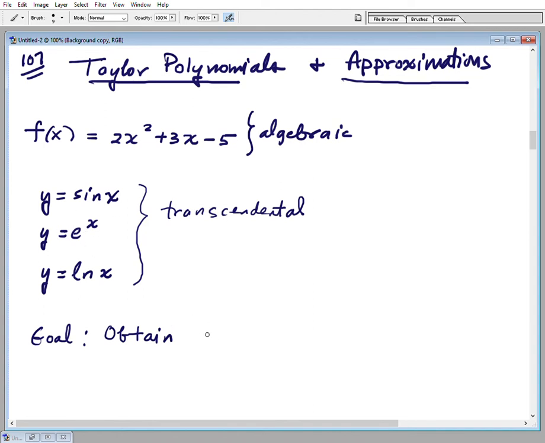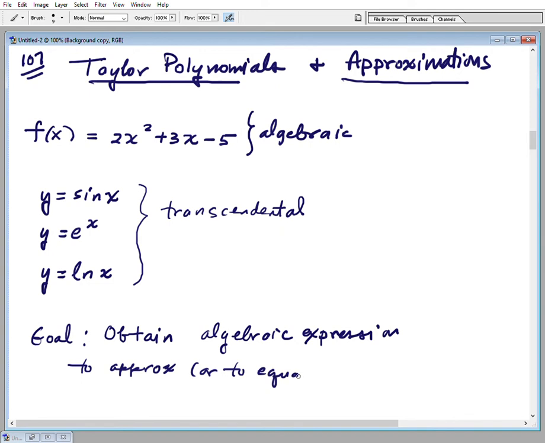So let's say we can obtain an algebraic expression to approximate or to equal, maybe actually to equal y equals e to the x, and other functions as well. All right, so it would be nice if we had basically a formula for e to the x. Let's think of it like that.